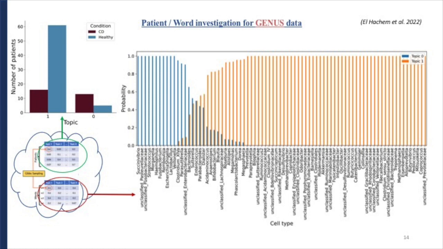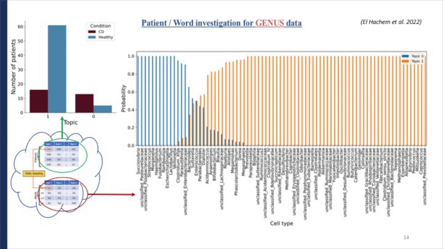So now we decided to investigate the probability of a word to be inside the topic for the genus data. And here what we found is that healthy patients are associated to topic number 1, while Crohn's disease patients are associated to topic number 0, because topic number 1 is highly enriched with healthy individuals, while topic number 0 is highly enriched with Crohn's disease patients.